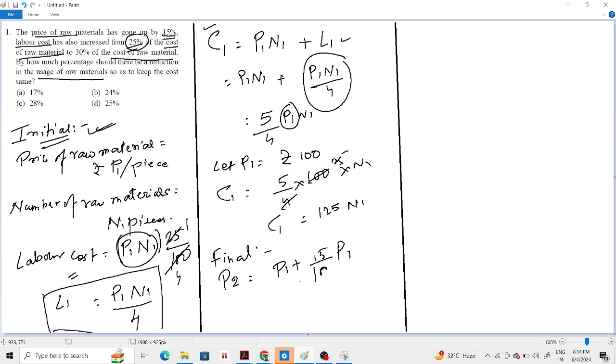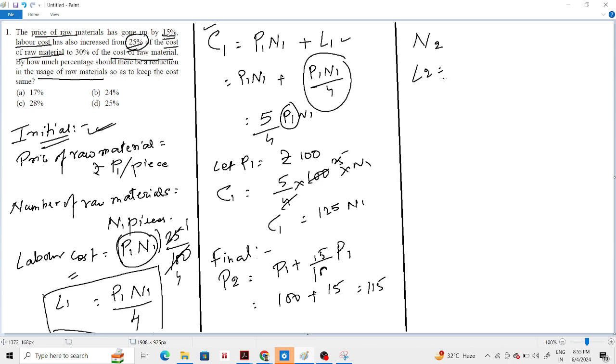This is what is meant by increasing something by 15%. So what is P1? P1 is 100, and here also P1 is 100, so that will give me 115. This is the new price, and the new number of pieces we are taking as N2.